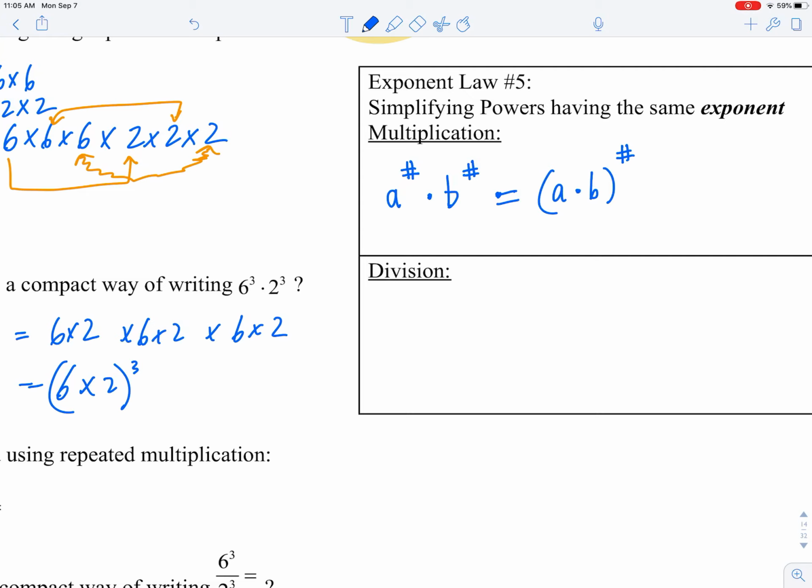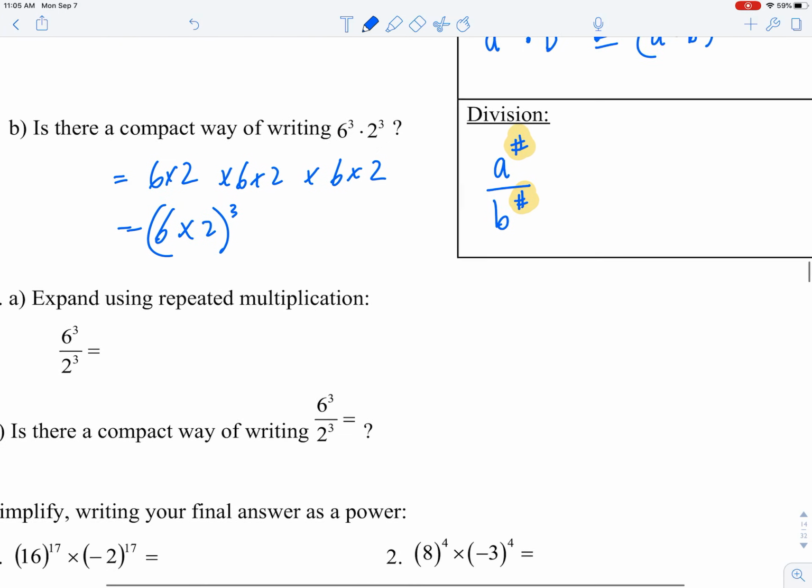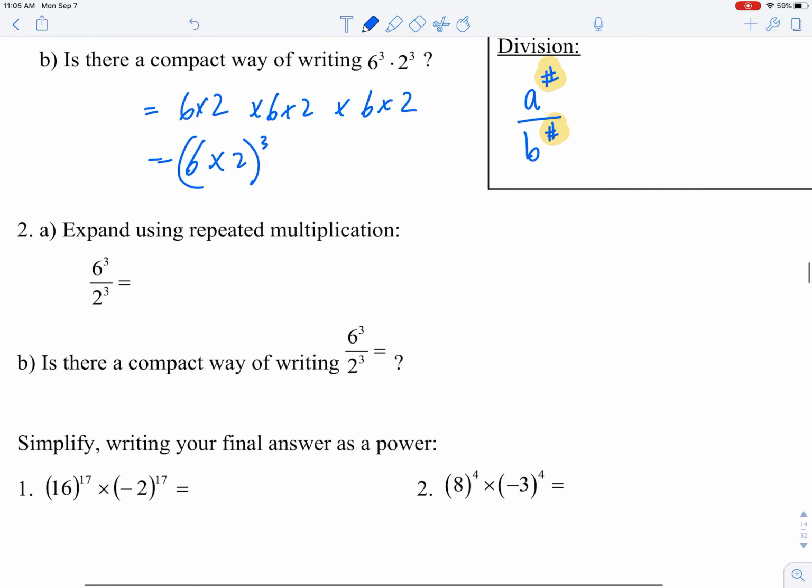And you can go ahead and guess what it's going to be when we have division. If we have a to one exponent, and then b to the same exponent, right? You can probably guess already what that one's going to be for division, but we'll just check and make sure. So if I use repeated multiplication, I'd have 6 times 6 times 6 up top, and I'd have 2 times 2 times 2 down below.